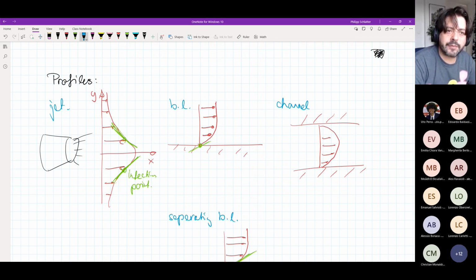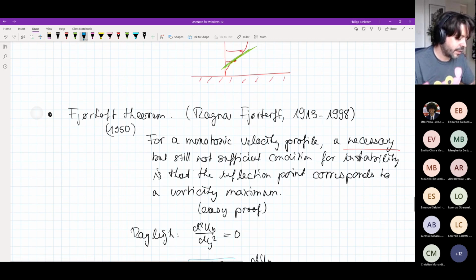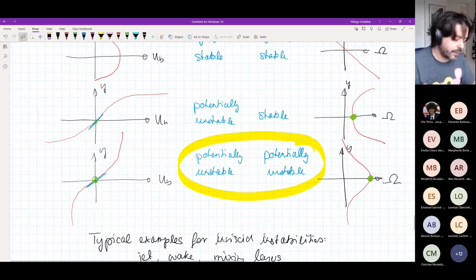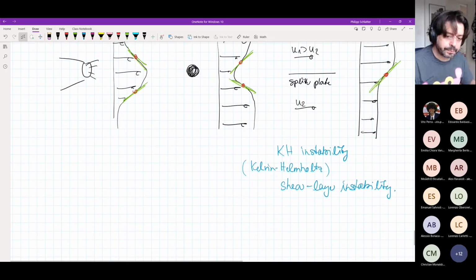Typically you would expect the opposite: that if the viscosity increases, or the Reynolds number goes down, the instability could be dampened, or the growth rate could be lower. But for channels and boundary layers, exactly the opposite happens. That's quite interesting, and we will talk about that after the break a little bit more.